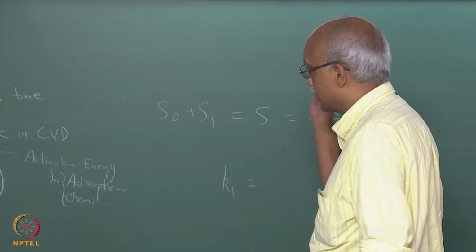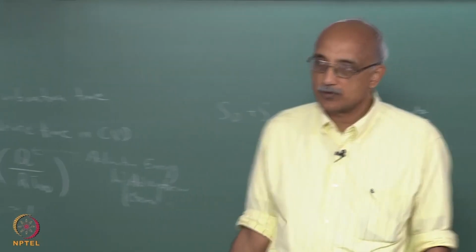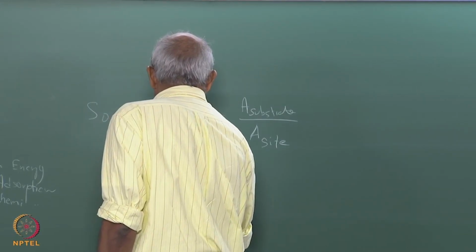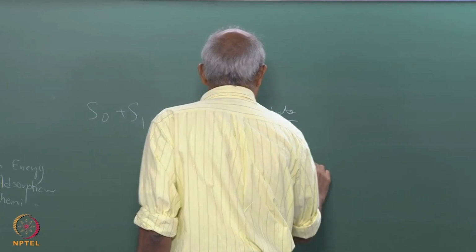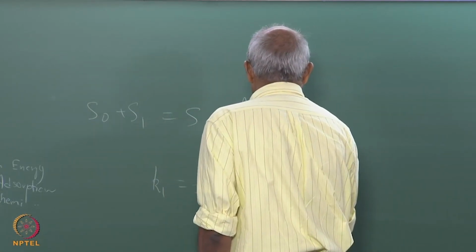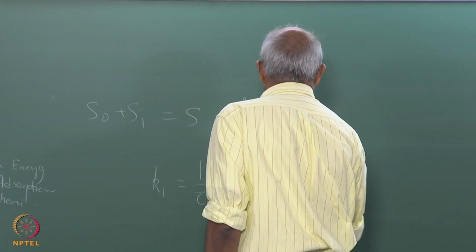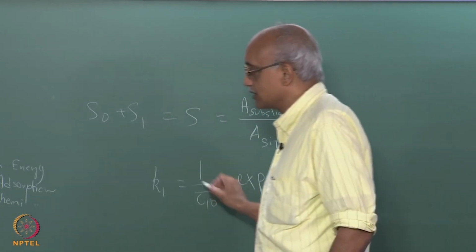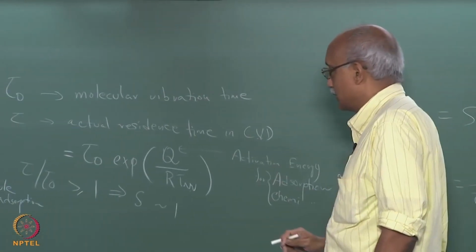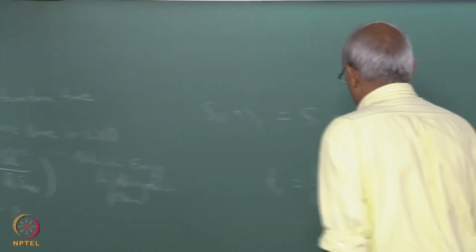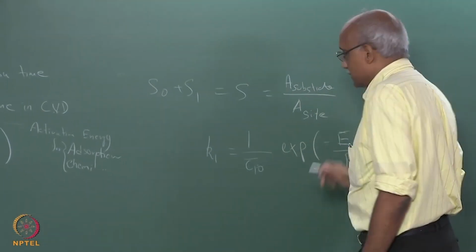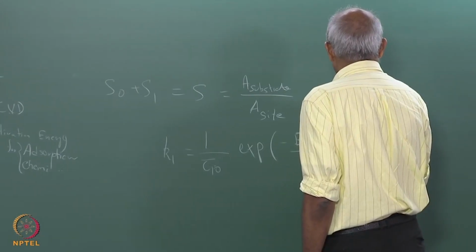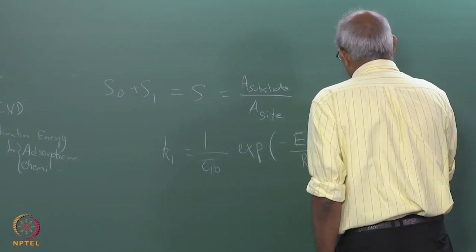K1 can be written in terms of the residence time that we defined earlier, and K1 is typically defined as 1 over tau 1 0 times exponential of minus E incorporation over R T W, where tau 1 0 is a characteristic residence time corresponding to the adsorption process, and this is the activation energy for incorporation, chemical reaction and incorporation of the adsorbed species into the substrate.